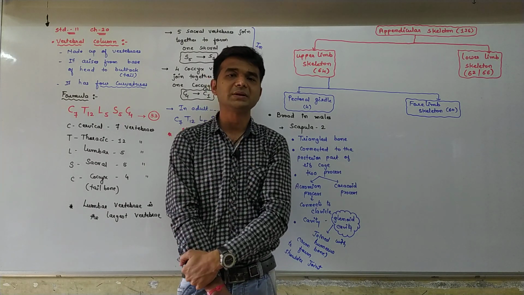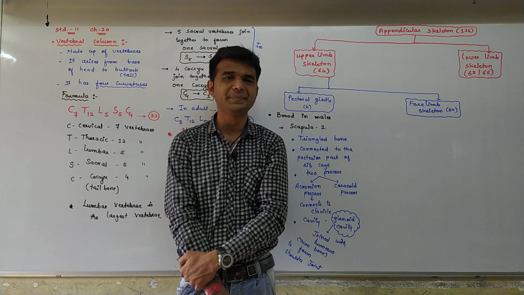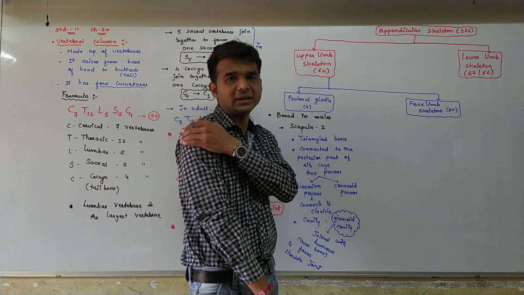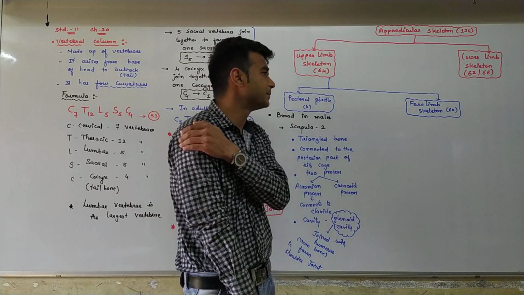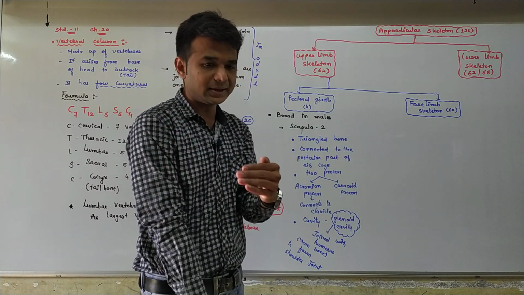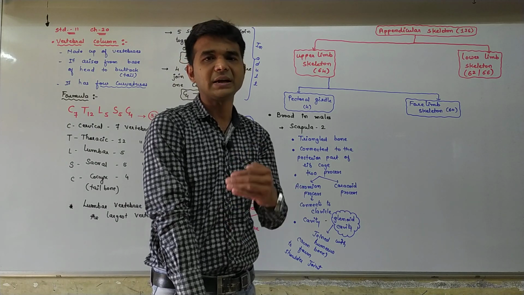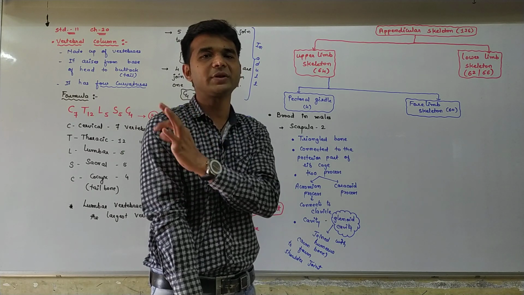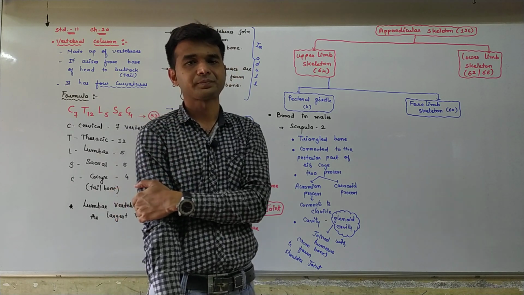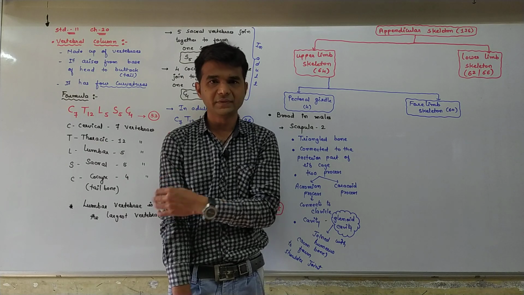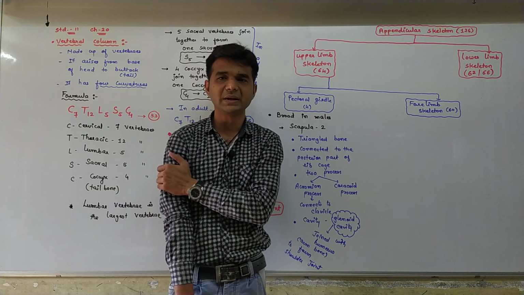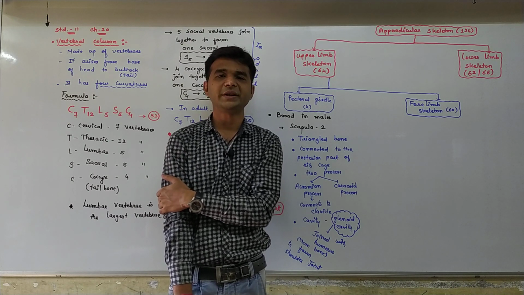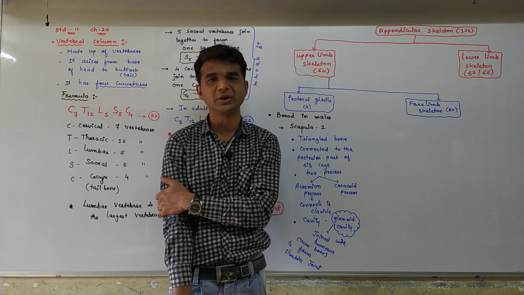So this deltoid muscle along with other muscles, biceps, triceps, controls the shoulder joint in the proper position, but due to any reason, if these muscles are weak, there is a chance of dislocation of the shoulder. If the muscles get paralyzed or become weak, there is a chance of dislocation of the shoulder joint.